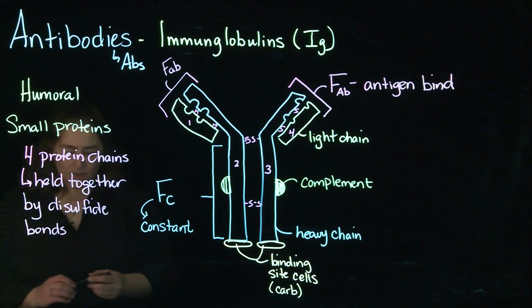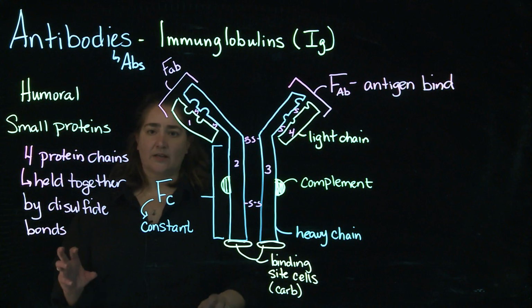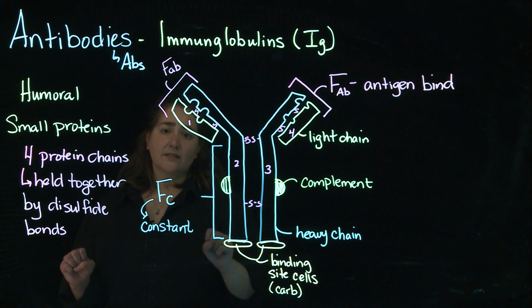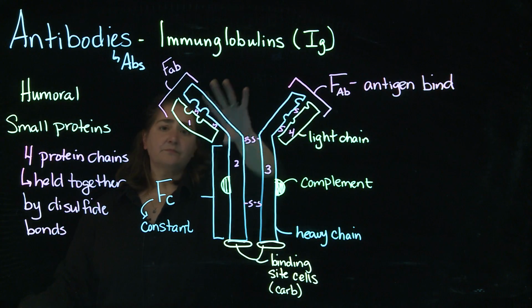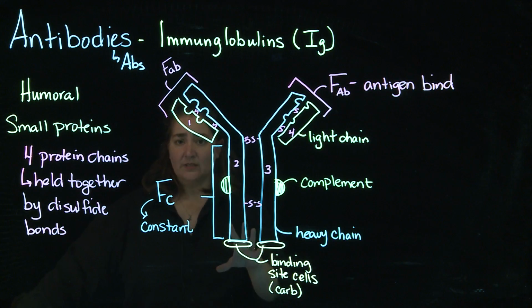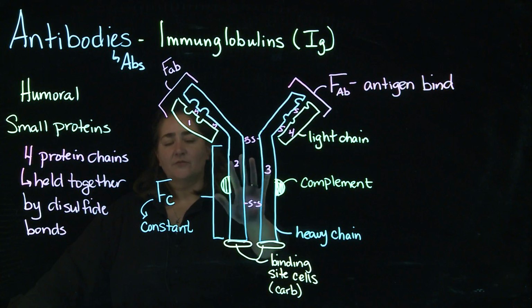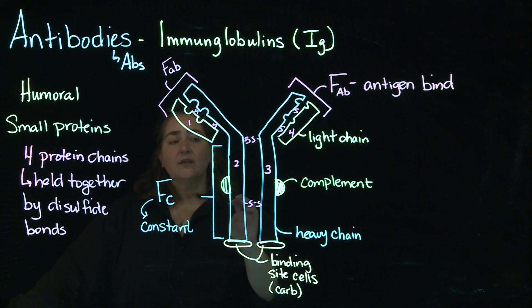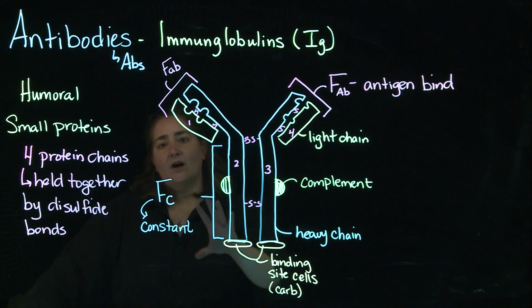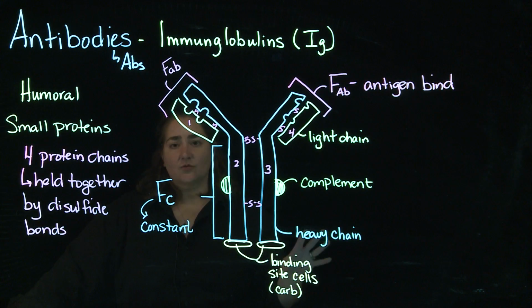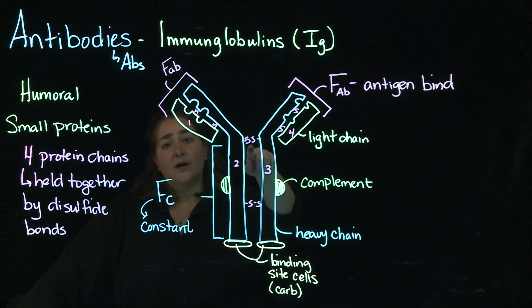The antibodies that you have circulating are assembled within the B cell and released as the mature antibody that I have drawn up here. But this is another reason why high fevers can be dangerous, because those disulfide bonds are heat sensitive.